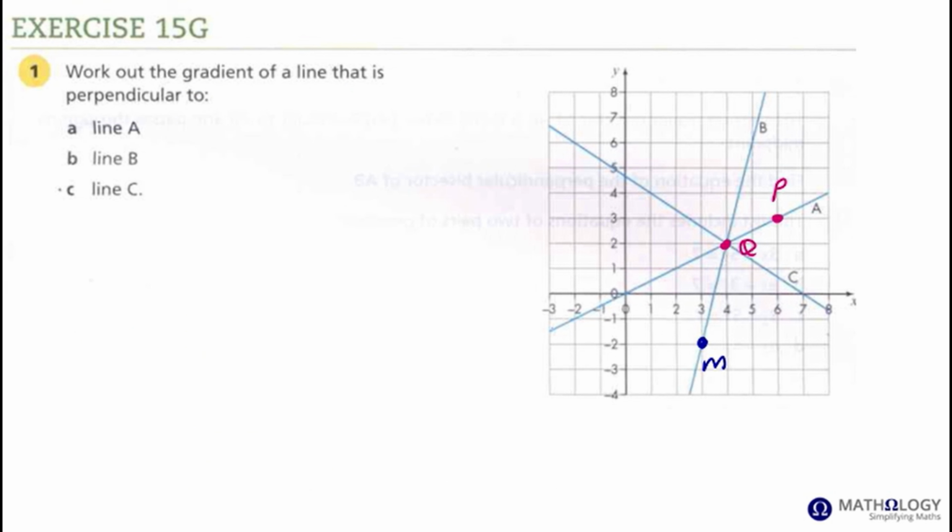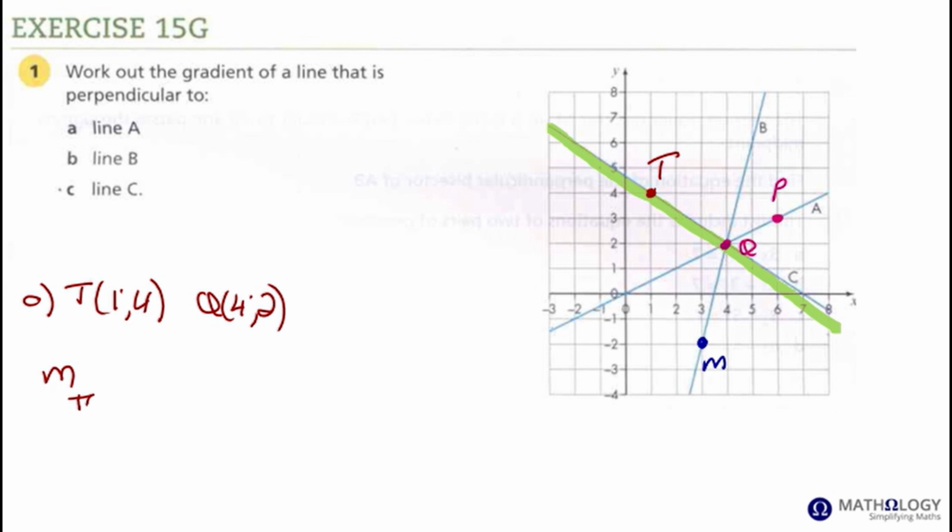Line C. Use point Q again, and let's use this point here. We call that T. So T is going to be the point 1, 4. Q we're going to use again because it lies on that line. Q is 4, 2.